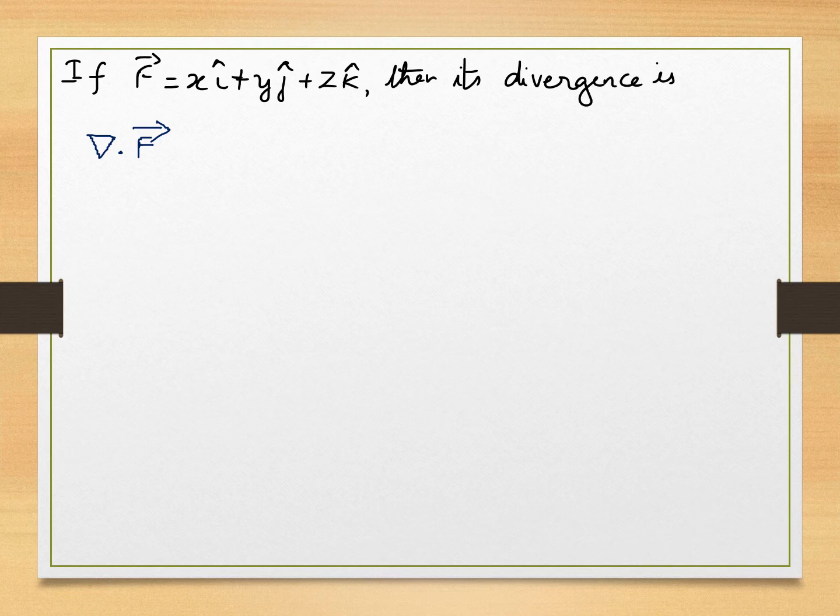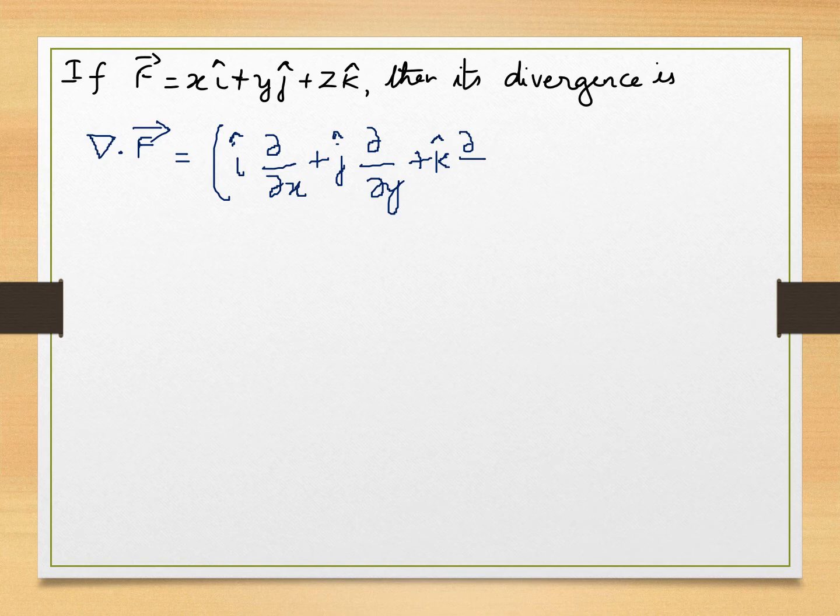So in that case, we will be differentiating this whole function with respect to x, then with respect to y, and then with respect to z separately each time for each term. While in this case, the mechanism will be different. Again, we will write del as i cap dou by dou x plus j cap dou by dou y plus k cap dou by dou z dot.